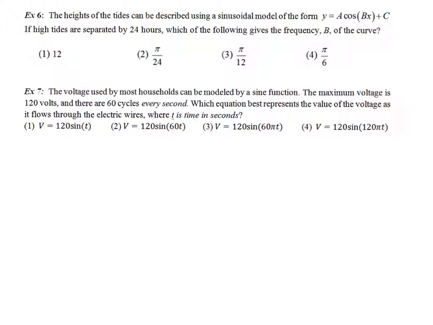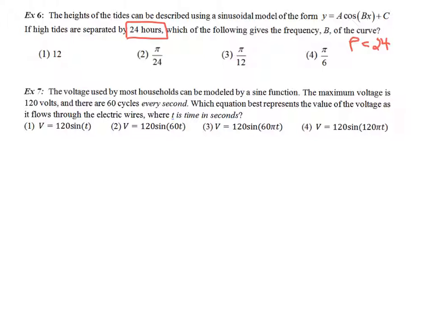If high tides are separated by 24 hours, which of the following gives the frequency b of the curve? So this information about taking 24 hours to make one complete curve actually tells me the information about the period. So the period means I need 24 hours to make a complete cycle.